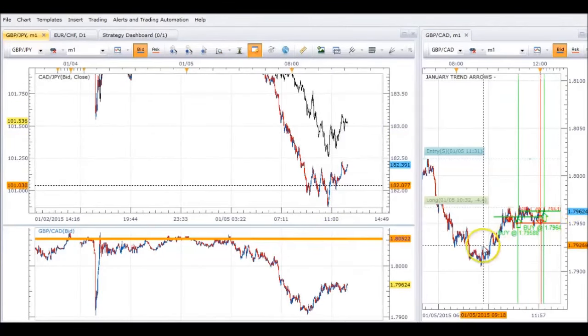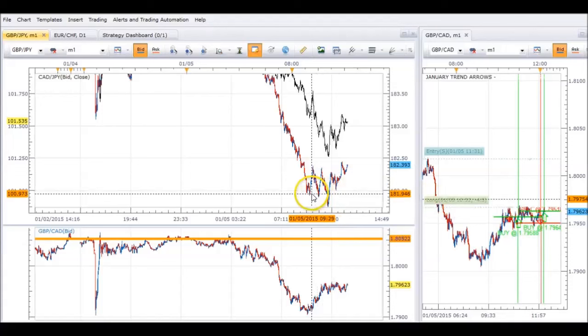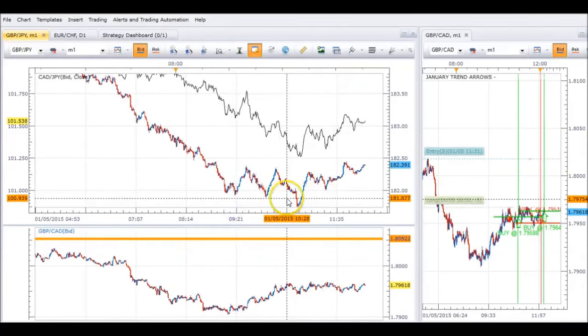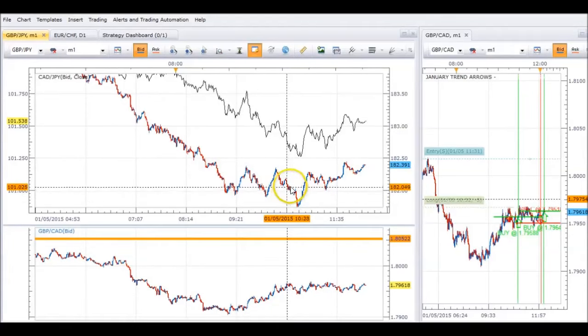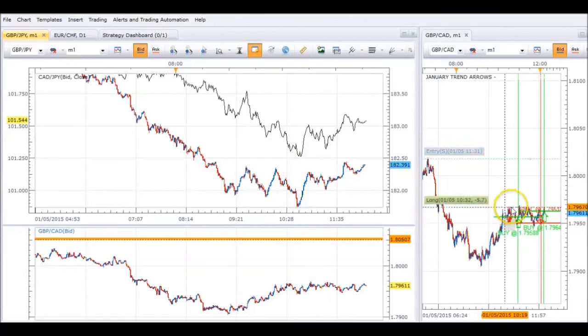I got in at 10:31. Let me open this up. Right about here is when I got in. It shows this little red arrow here because I'm not in profit yet.